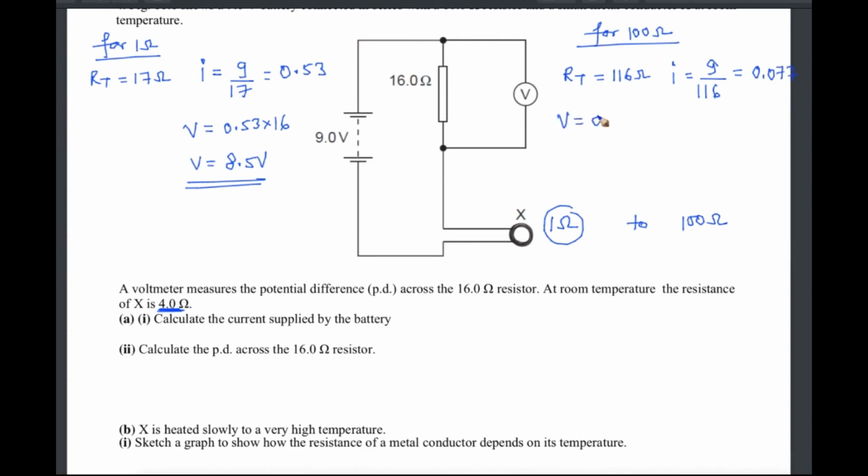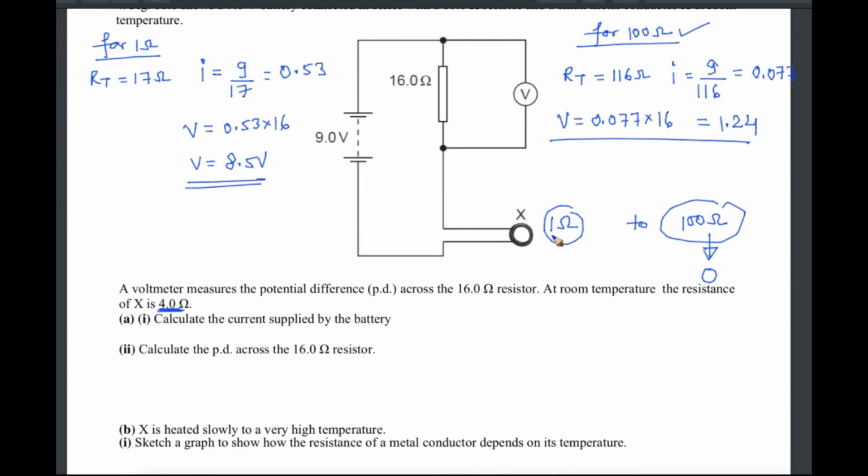So voltage is 0.077 multiplied by 16, which is 1.24. So see students, when the resistance is very high, the voltmeter is reading less. If I consider this infinite, then this will read 0.